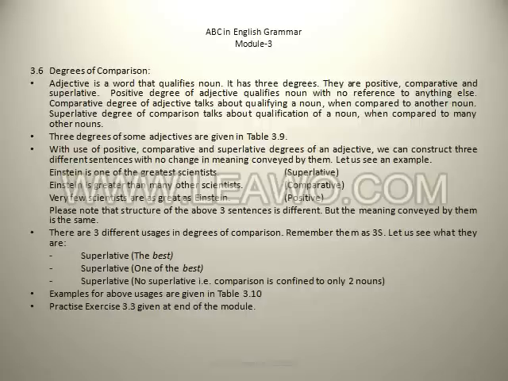Superlative by using no superlative. That is, comparison is confined to only 2 nouns. Examples for above usages are given in table 3.10. Practice exercise 3.3 given at the end of the module.